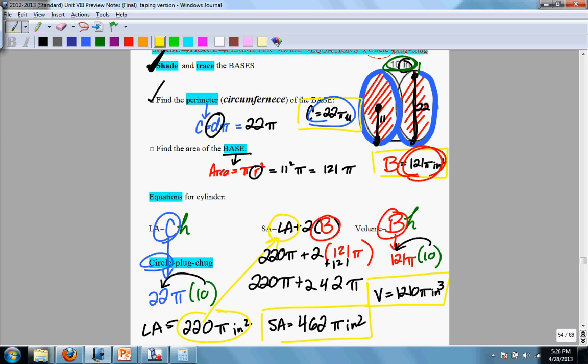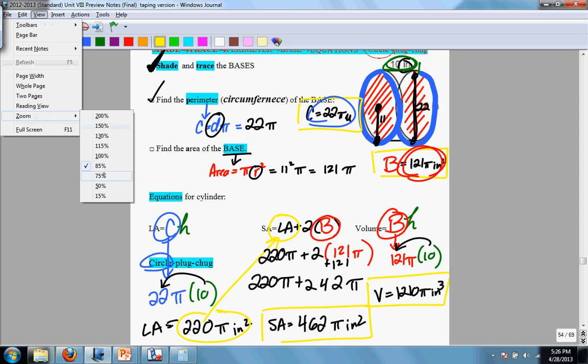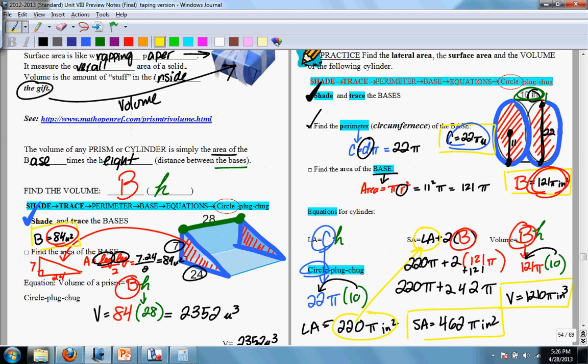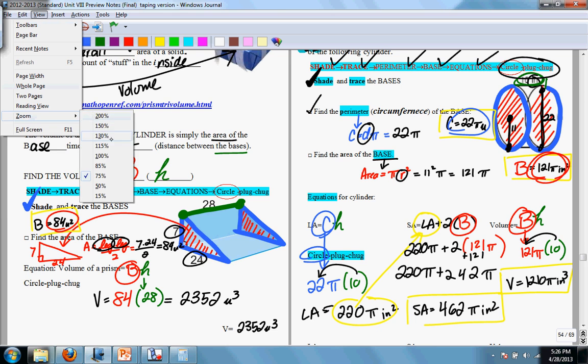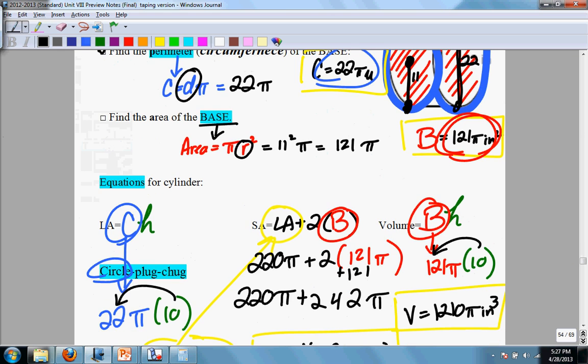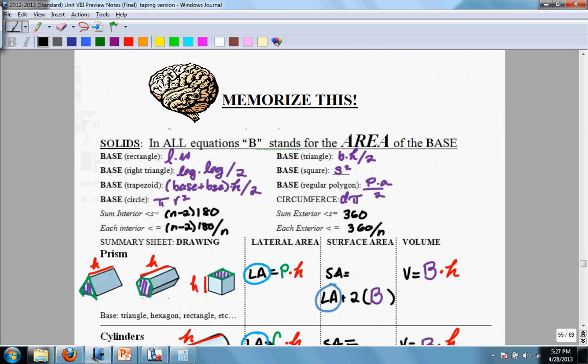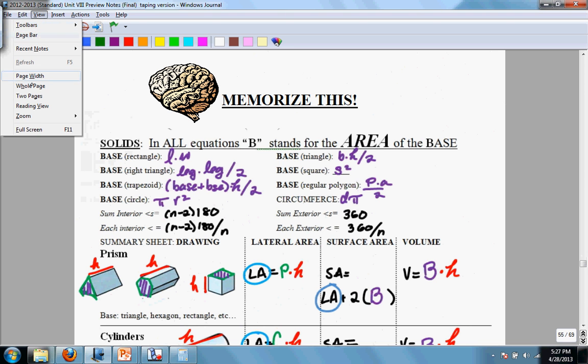Seems like a lot of work, but once again, if you just keep these 6 steps in mind, you won't get lost. Those 6 steps are the same 6 steps: shade, trace, perimeter, base, equations, circle, plug, chug. Now when it talks about equations, these are the equations. You absolutely have to have this memorized.